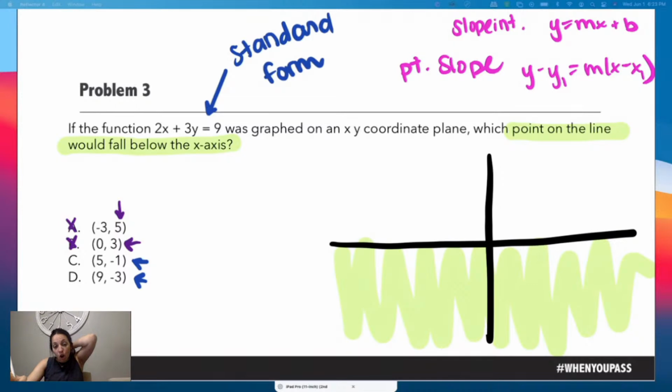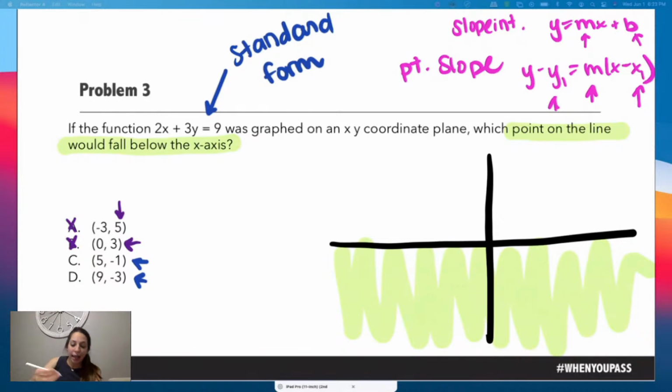Those are called point-slope form and slope-intercept form because mathematicians are not creative when they name things. This is a slope. This is your y-intercept, hence the slope-intercept. This is a point, and this is a slope, hence the point-slope form.